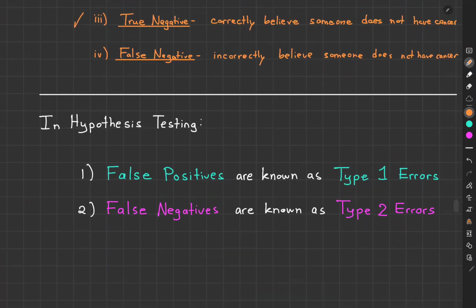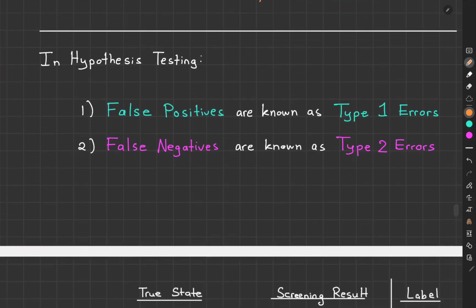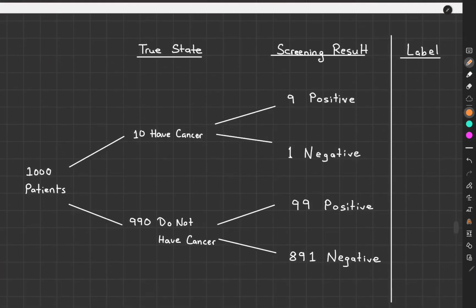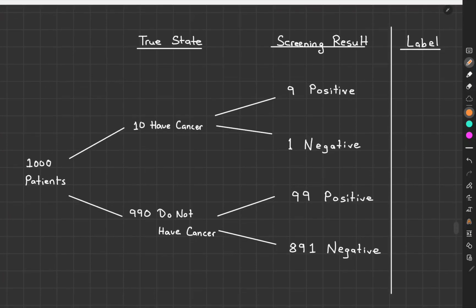Okay, so let's look at the same example, but consider it with some numbers. We've got a little tree diagram here now. Let's say we had 1,000 patients coming in total. And now their true state: 10 of them actually have cancer, 990 of them do not.